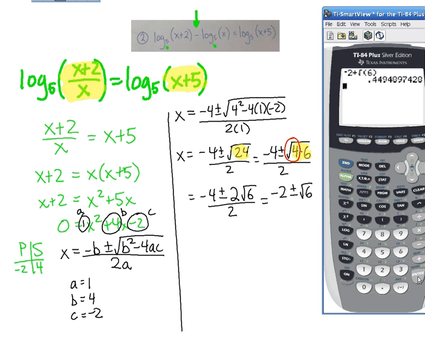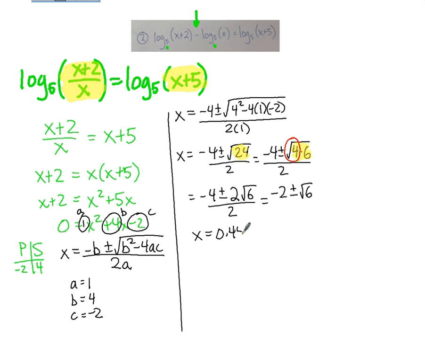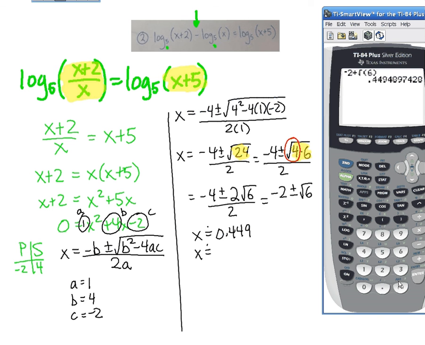So we have x equals approximately 0.449. That's an approximate value. And x also equals approximately negative 2 minus the square root of 6, which is negative 4.449.